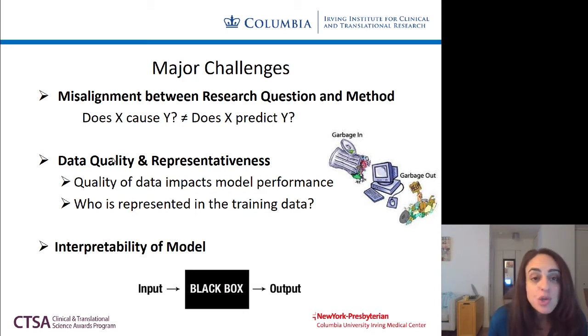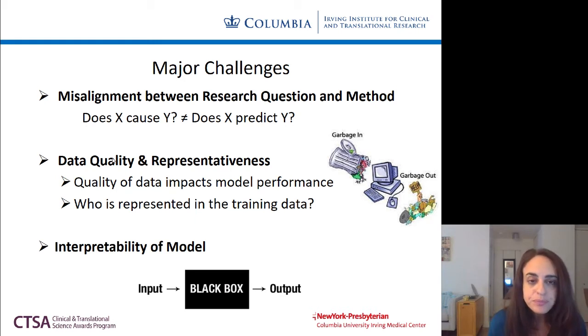That's baked into our data because it's baked into our society. And so we have to think about the sources of our data, who is represented, how might some of those biases be in those data, and how might that impact our model development and then model use. All of these things need to be carefully considered before you really ever get to a stage of running algorithms using software.